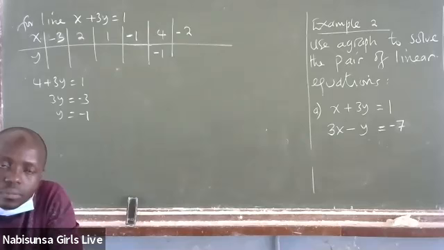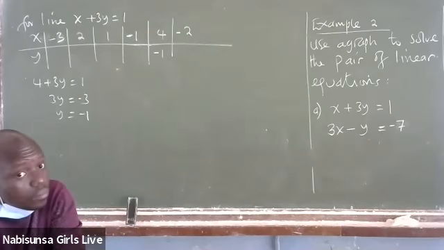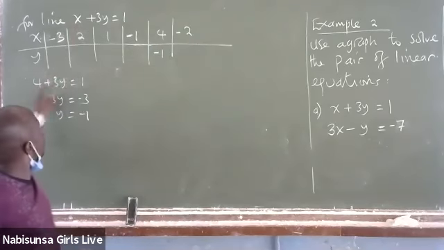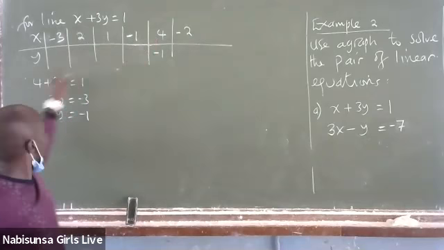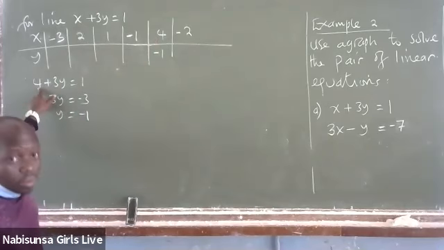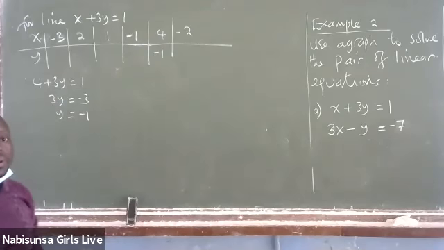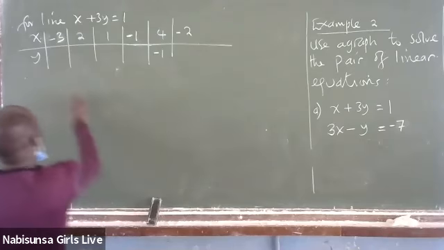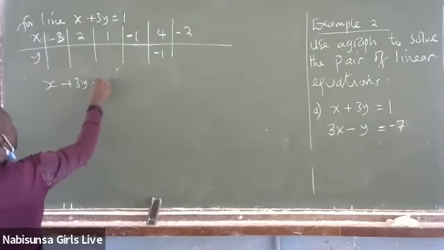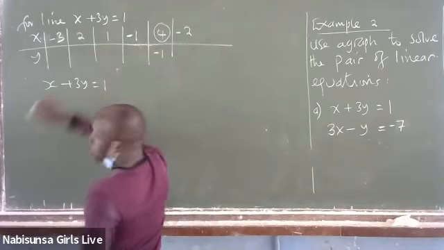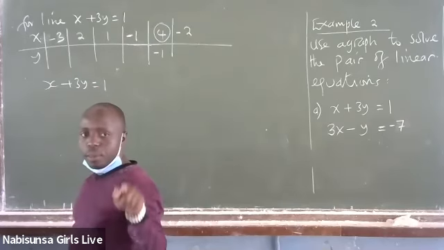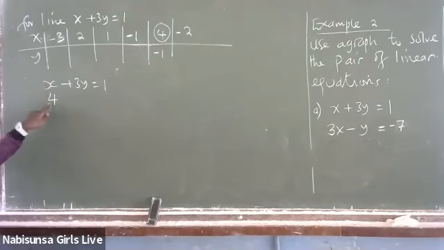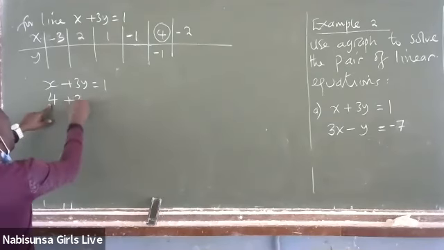Teacher, the four how you substituted it, like on the side of it, is it a negative or a positive? It is positive 4. I'm putting where x is already considered. Okay, teacher, try to simplify for me so that I can understand. How best can I simplify? The equation is x plus 3y is 1. I have already picked my x as 4. So where there is x, I'm putting 4. I remain with the plus 3y is 1.